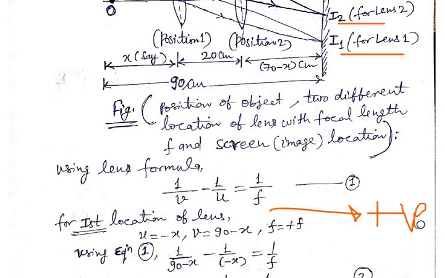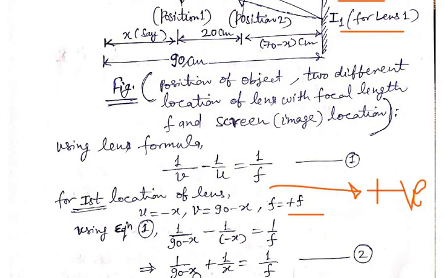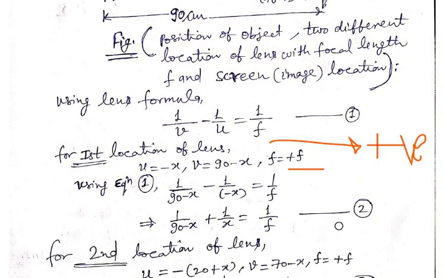Using sign convention, u equals minus x, v equals 90 minus x, and f equals plus f, since the focal length is positive as it is a converging lens, that is, a convex lens. Using the lens formula, we get 1 upon 90 minus x minus 1 upon minus x equals 1 upon f. So we will get equation number 2 after some mathematical simplification.